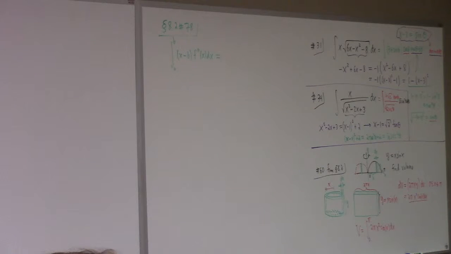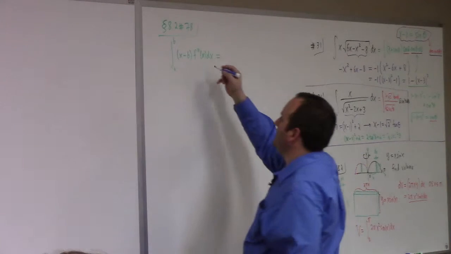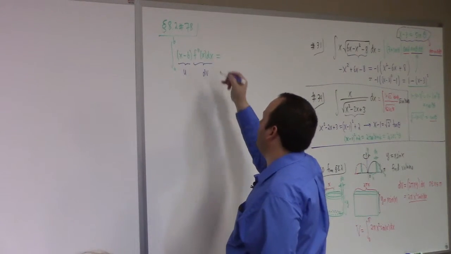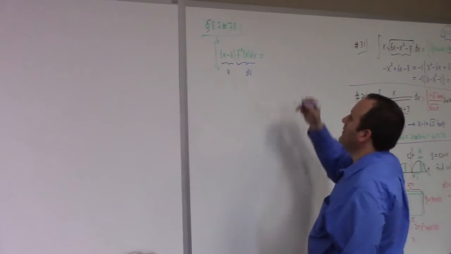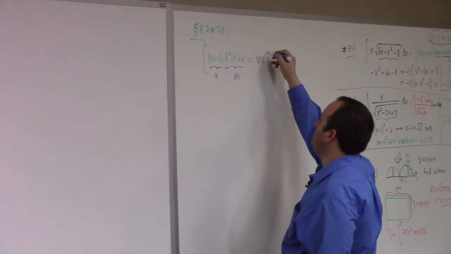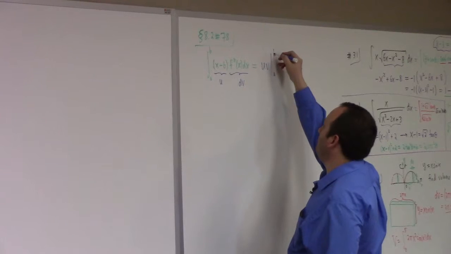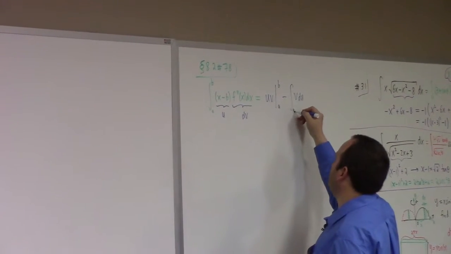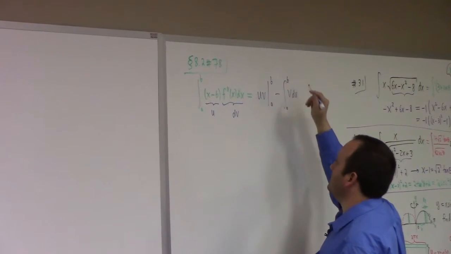See, if I do that, I can say, okay, I'm going to call this thing u. I'm going to call this thing dv. So then what I have is uv evaluated from a to b minus the integral of v du, from a to b. This is how integration by parts works when there are bounds.